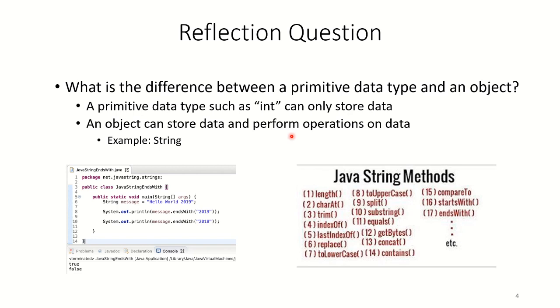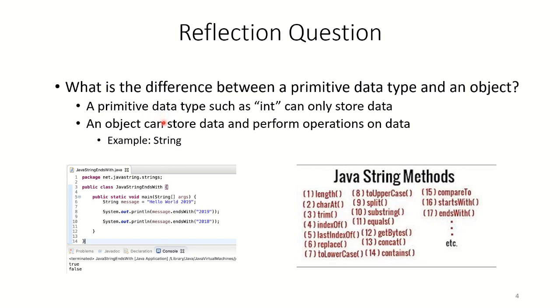Now, from procedural Java programming, we know that we can use some primitive data types such as integer, double, etc. to store data. Now the question is, how are the objects different from those? You can immediately see that the primitive data types can only store data and there are no operations associated with them.